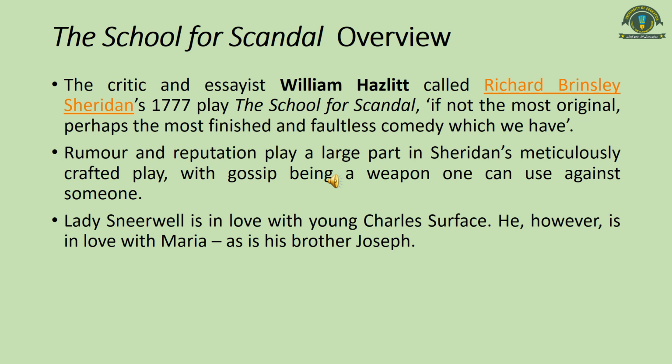The truth of their characters is, of course, different, and this complication is because of the misunderstanding among their relations and among their ways of thinking. Maria is also in love with Charles, so Lady Sneerwell and Joseph plot to destroy the relationship by putting about rumors of Charles' unfaithfulness in order to achieve their self-centered objectives.